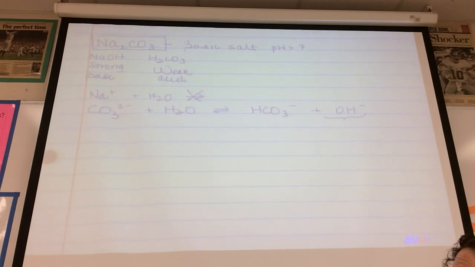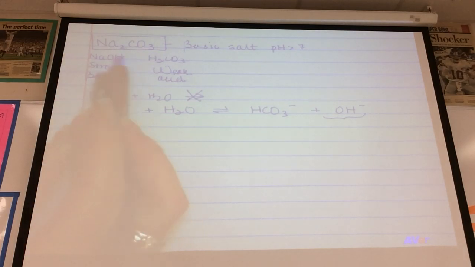Yeah, so if carbonic acid and sodium hydroxide form sodium carbonate, how would you get sodium bicarbonate? What acid would that be? It would still be carbonic acid. Yes, it would depend on the concentrations.